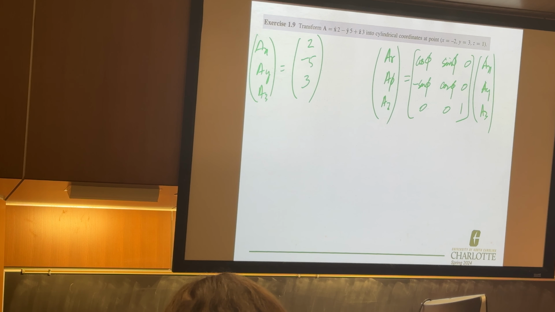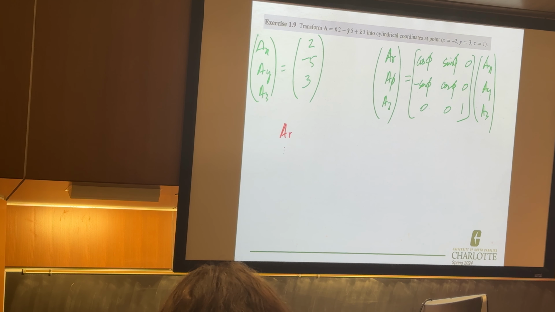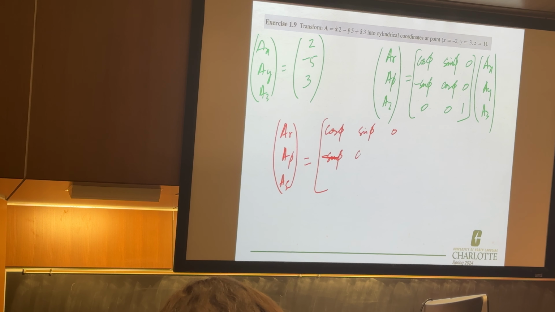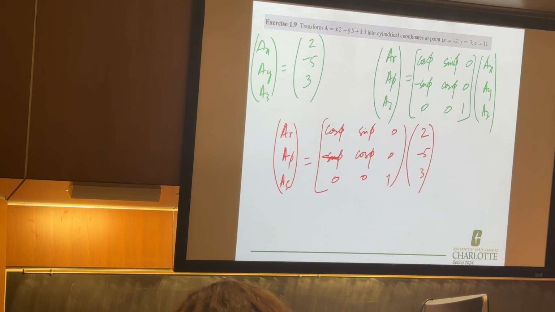Now to get the r, phi, z components, you have to multiply this transformation matrix by the given vector. Okay?